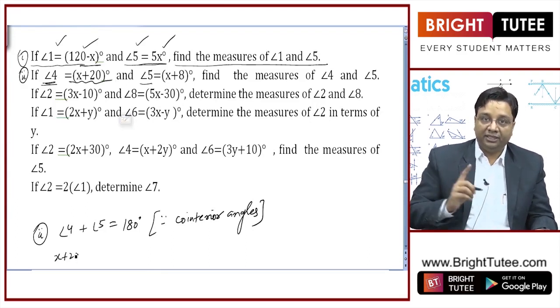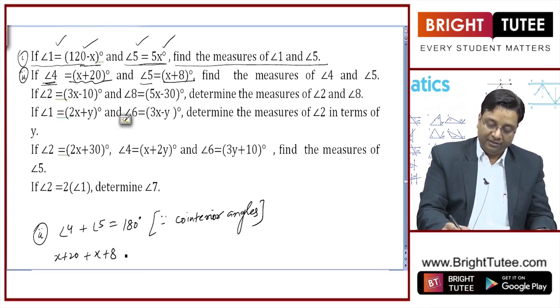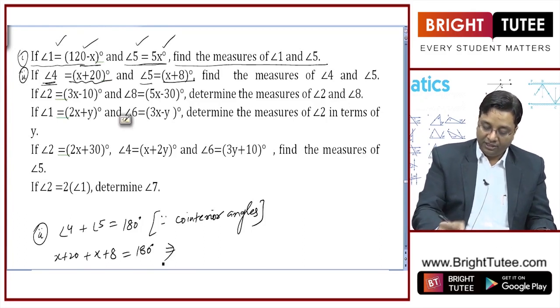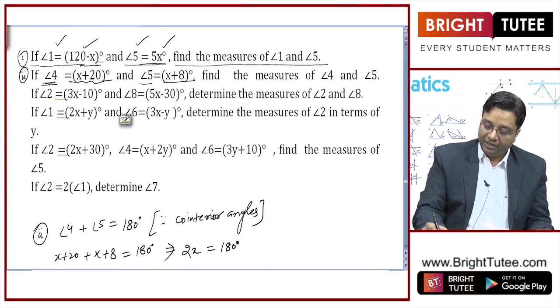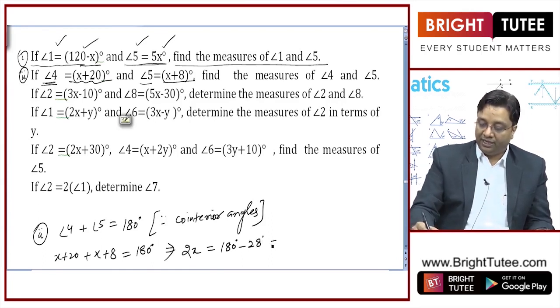We will take care of the degree later. Angle 5 is x plus 8. So, x plus 20 plus x plus 8 is equal to 180 degrees. So, this will give me 2x equals 180 minus 28. So, 180 minus 28 is 150 plus 2, that is 152.